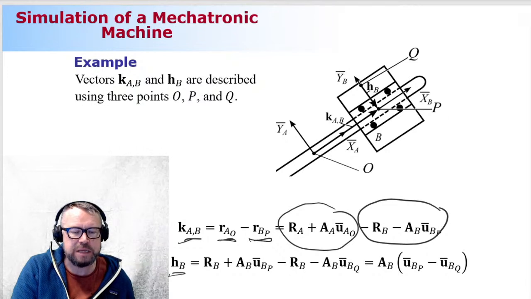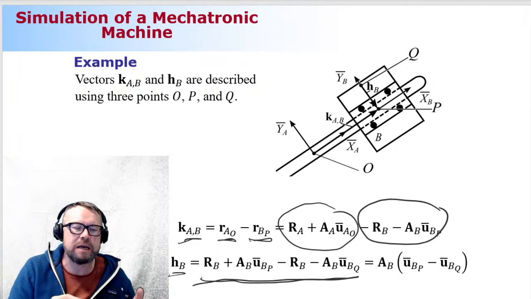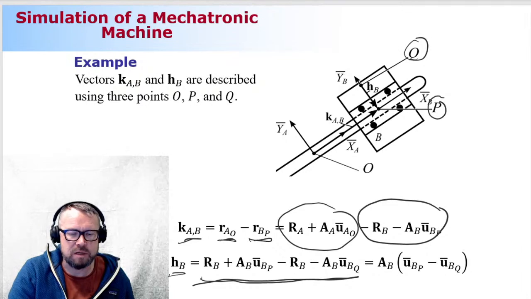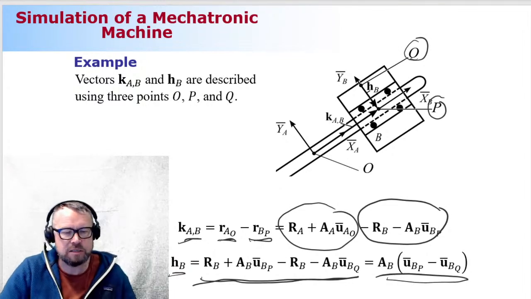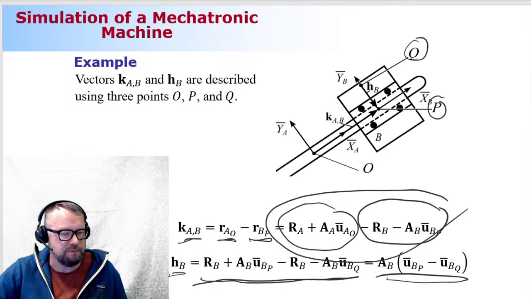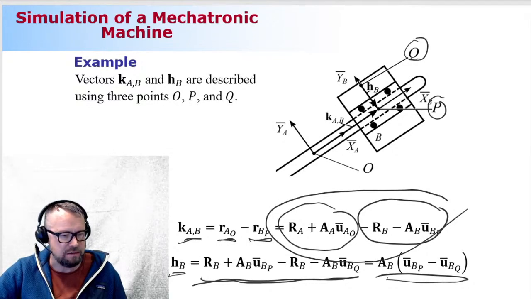Your HB vector will be within the body B, and it can be expressed as it is shown here. So it's again defining this point here first and then this point here. All right. So this is how you can express the HB, and this is how you express this KAB. All right, now you finally, and sorry that I'm having this good speed, but I'm sure you are not enjoying this too much. So let me just speed up a bit.